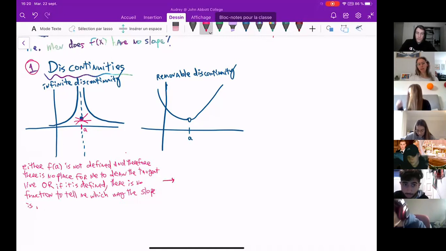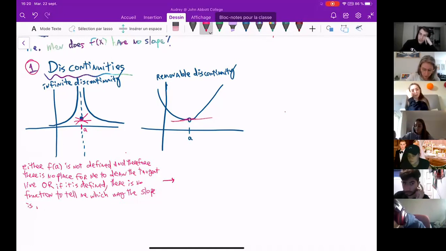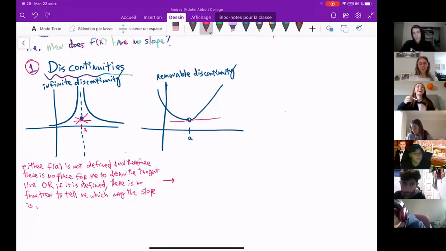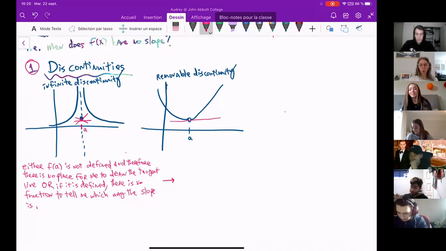With how I've drawn it, is f of a defined? No. If I were to draw my tangent line, sure, I've got graph to the left and right. Is that tangent line I drew actually touching my function? No. It's just touching that hole I have there. It's not actually touching the function.